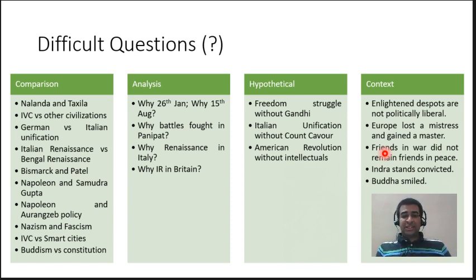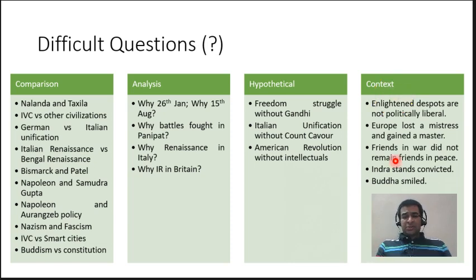And we can also see that Japan and America fought on the same side in World War One, whereas in World War Two they became bitter enemies. And Britain and France are arch rivals, but during World War One and World War Two they fought together. Now this is the irony of history, where friends in war did not remain friends in peace. You need to understand the context before answering this type of question.